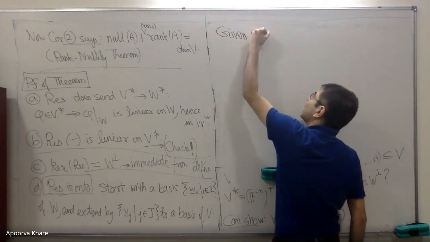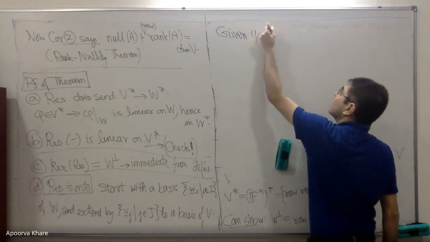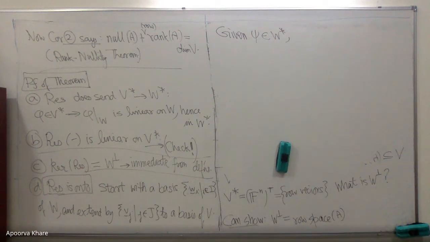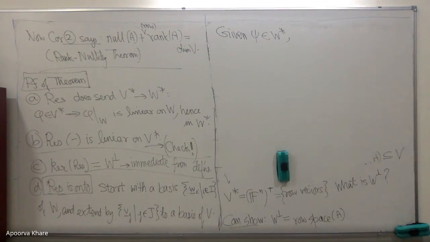Now, let's say psi in W star. Let me first make that notation change here. This should be psi. This should be psi tilde. Everywhere there is psi, of course.